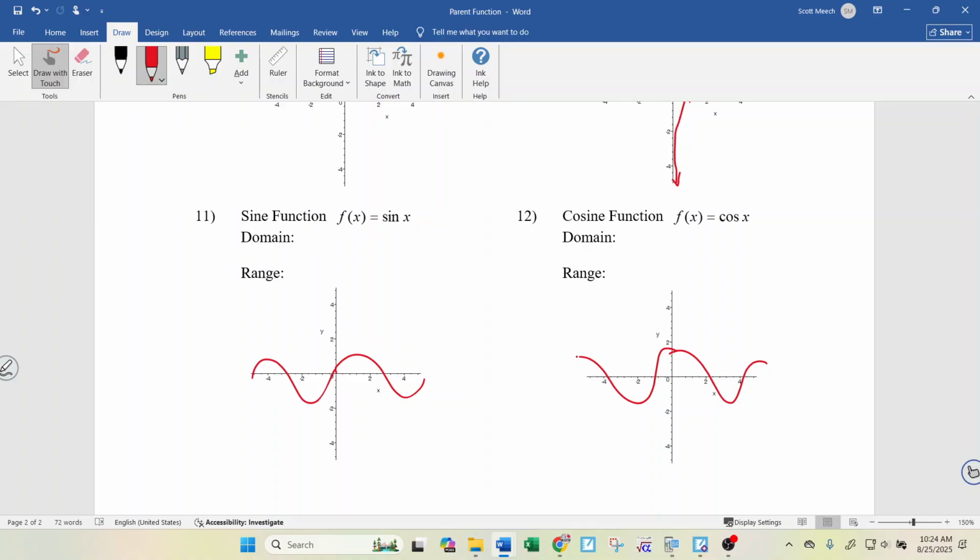Thing to remember is sine starts at 0, cosine starts at 1. They both have the same domain, and they have the same range.